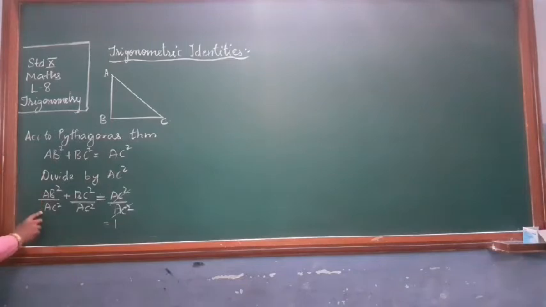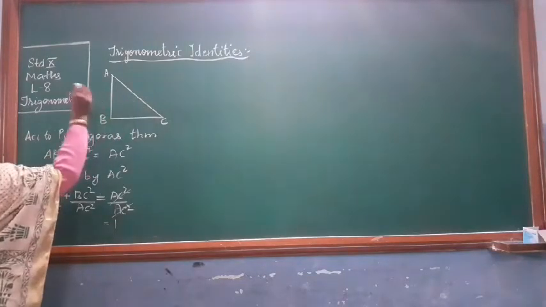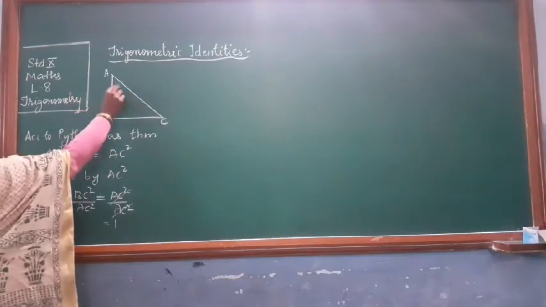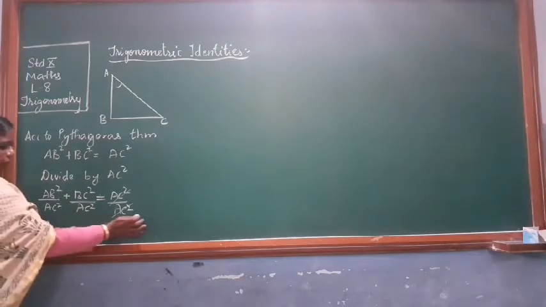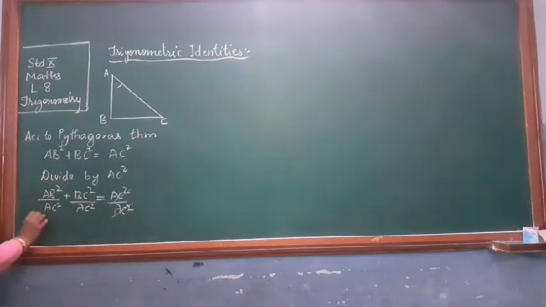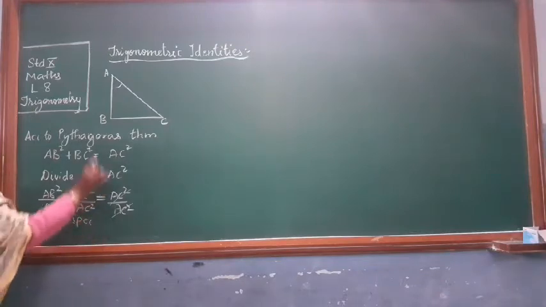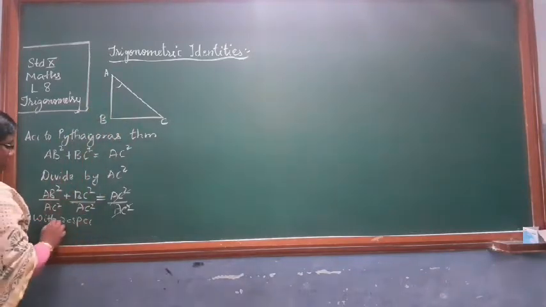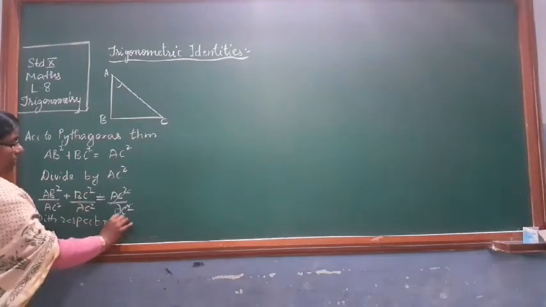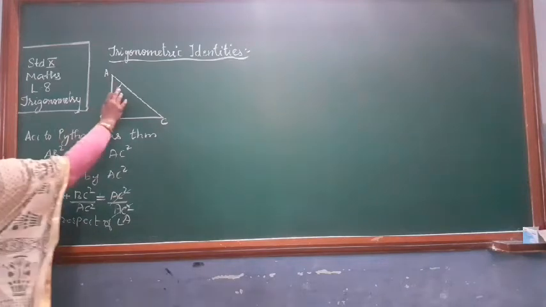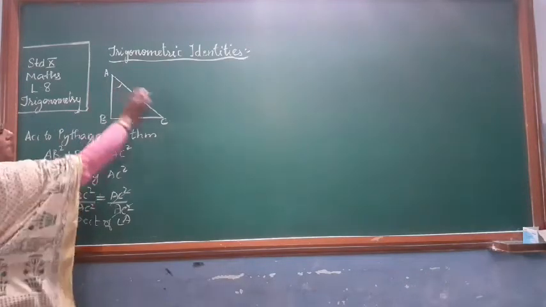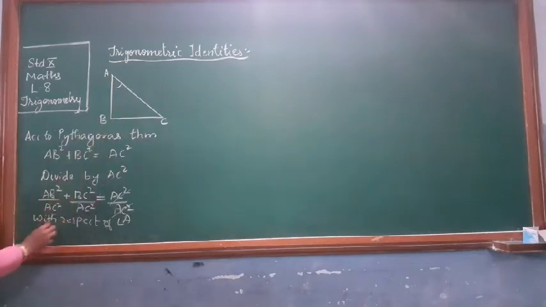Now, what is AB square by AC square? AB by AC with respect to angle A. Any angle you can take, either A or C, does not matter. With respect to angle A, what is AB by AC? It is adjacent upon hypotenuse, isn't it?